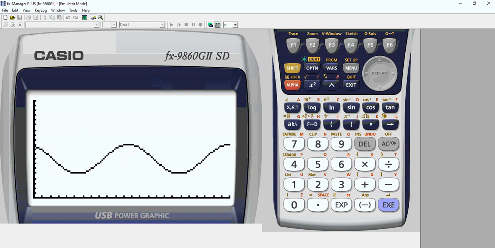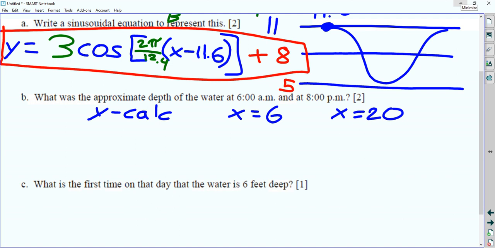If you set that up and you get a straight line, a flat line, your calculator's in the wrong setting. Is the calculator supposed to be degrees or radians for this one? Radians, because there's a pi in it. If there's a pi, you have to be in radians. So, calculator in radians, x's go from 0 to 24, y's go from numbers that at least encapsulate 5 through 11, so smaller than 5, bigger than 11.